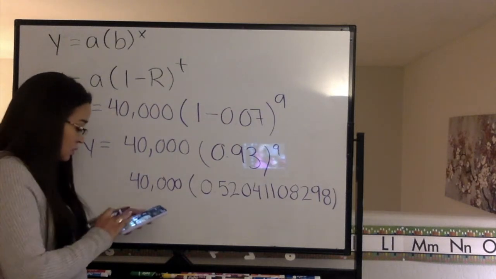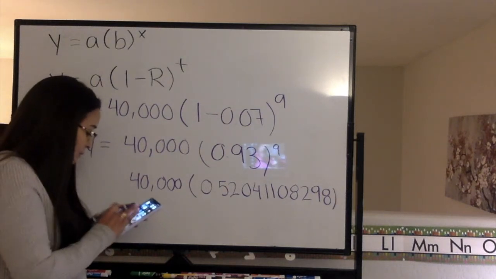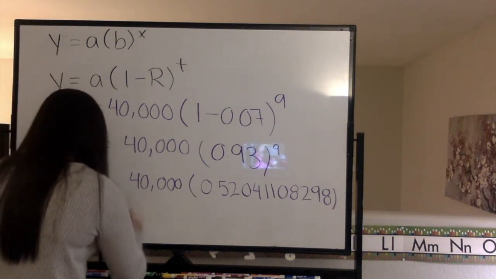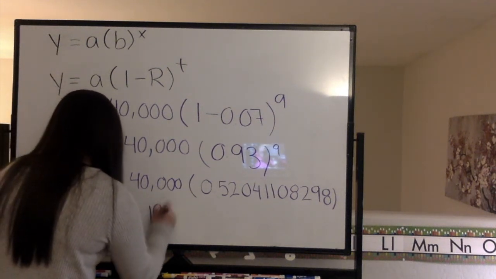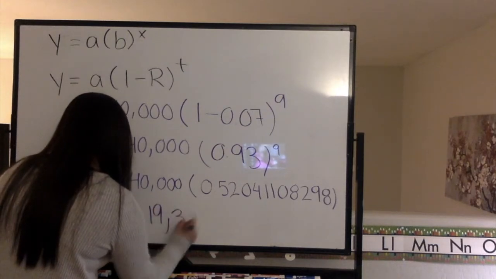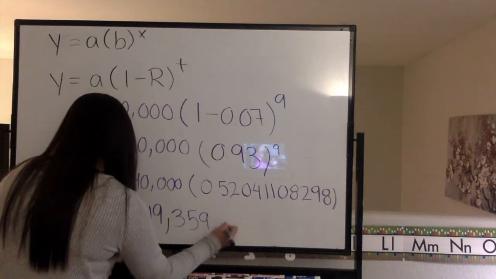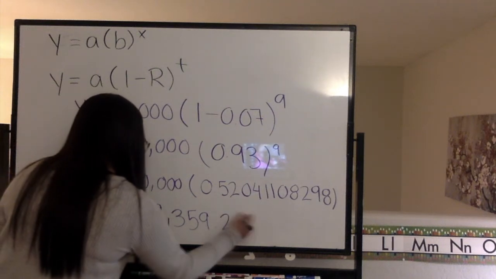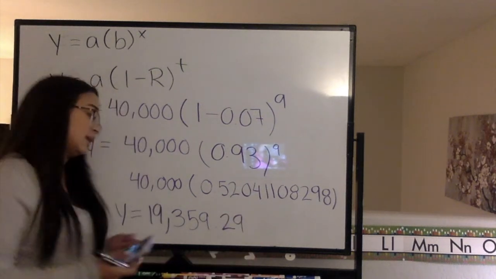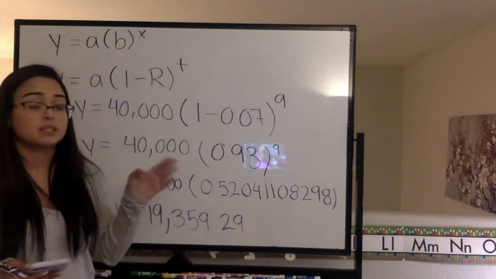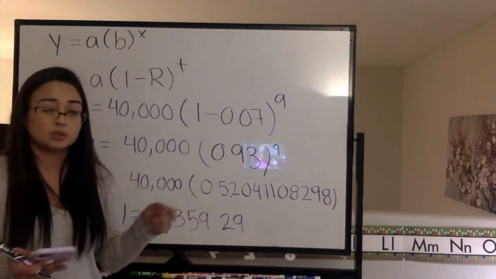So let's do that math very quickly. This is a total of y equals $19,359.29. So why did I not round that up to 30? I did not round it up to 30 because it was 2.